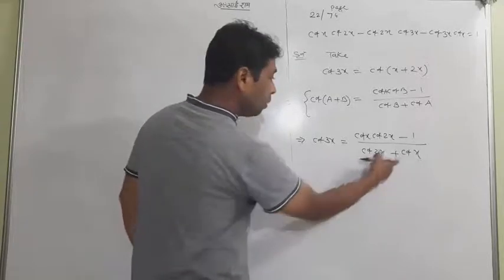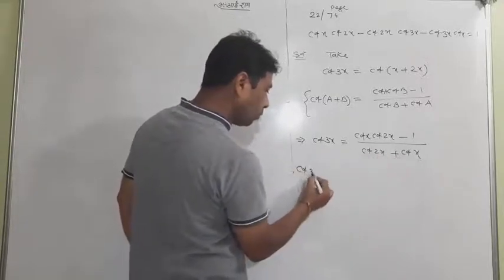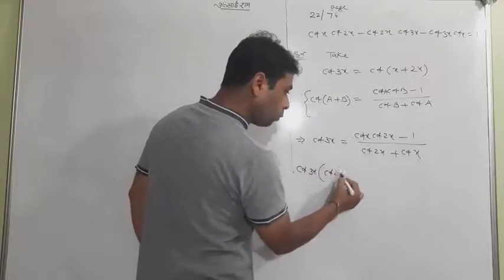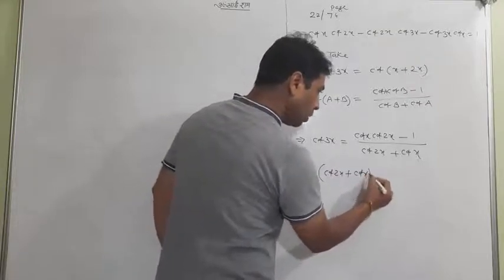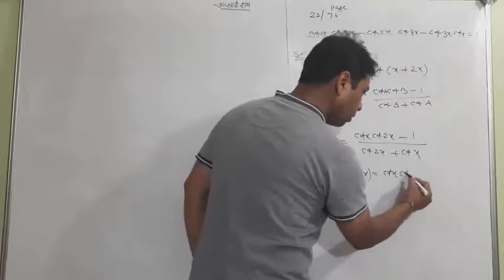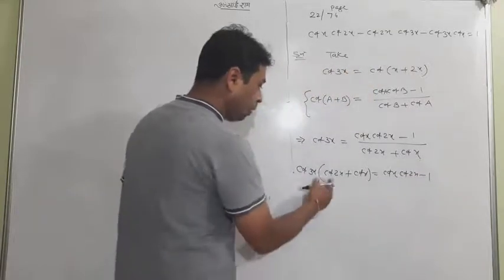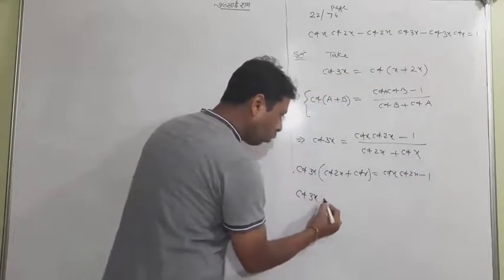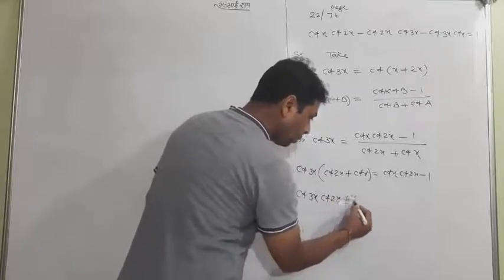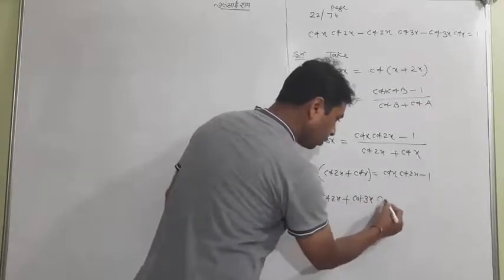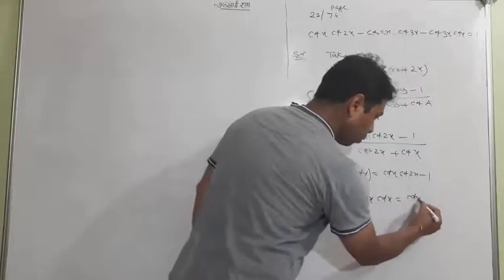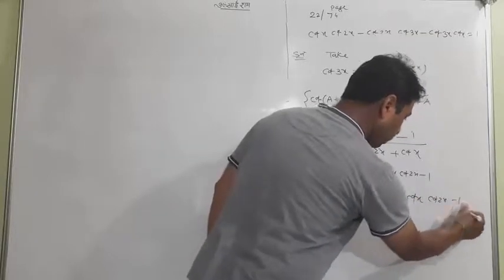So cot 3x multiplied by cot 2x plus cot x is equal to cot x cot 2x minus 1. I'll multiply inside the bracket: cot 3x cot 2x plus cot 3x cot x equals cot x cot 2x minus 1.